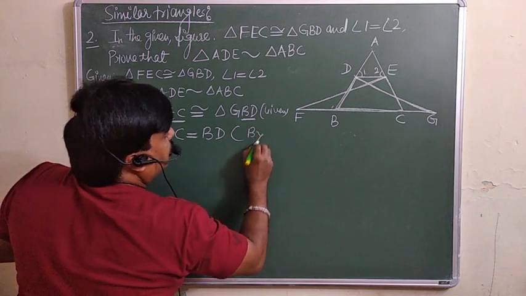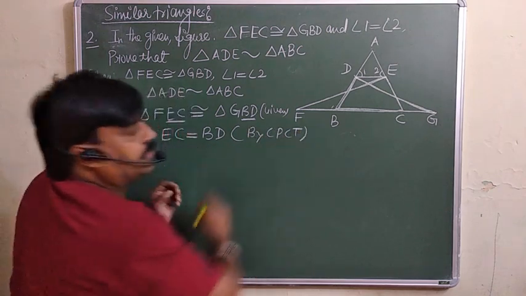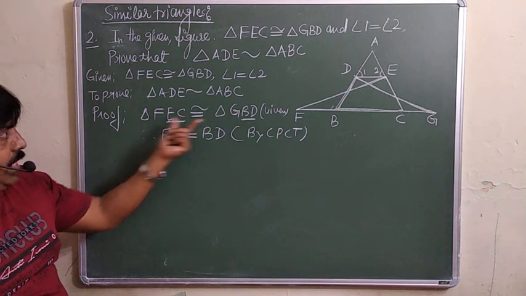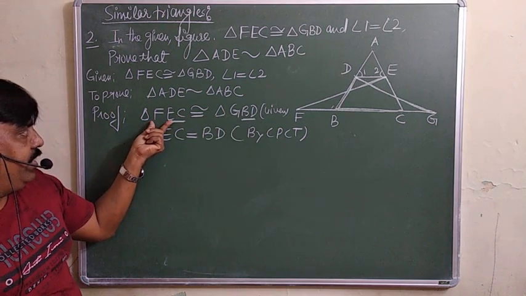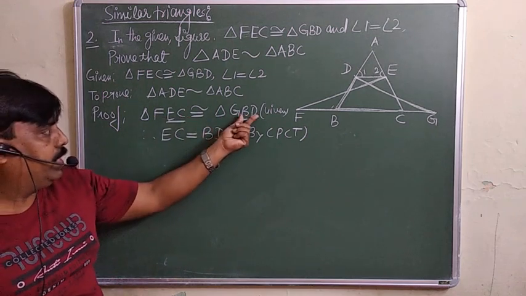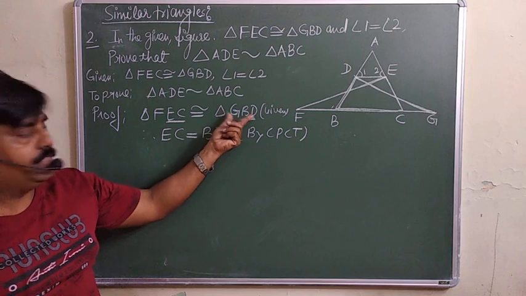And this is by CPCT, because once the triangles are congruent, the corresponding parts are equal. So FE will be equal to the length GB, EC will be equal to BD, FC will be equal to GD.